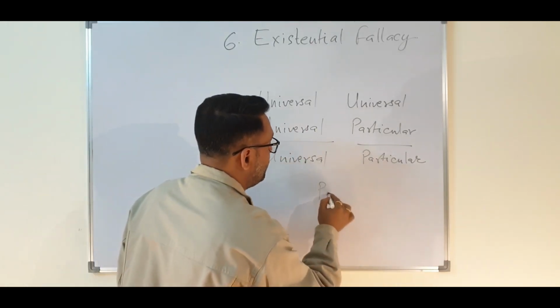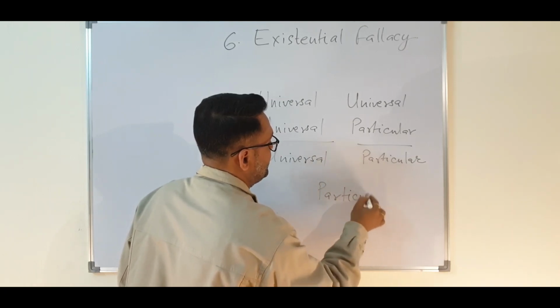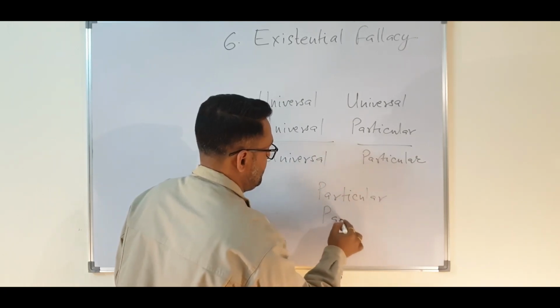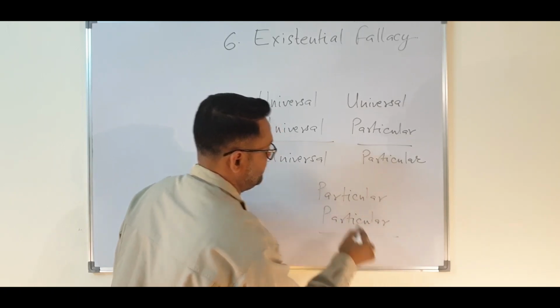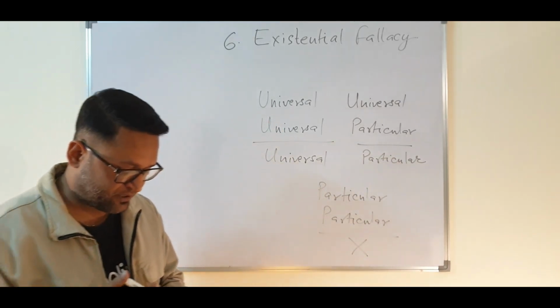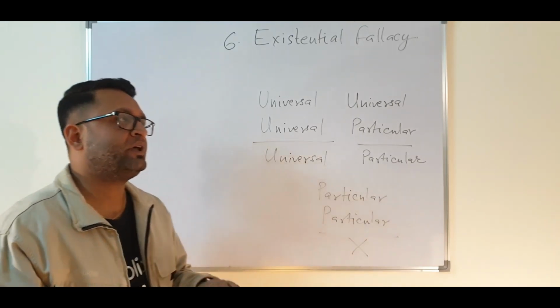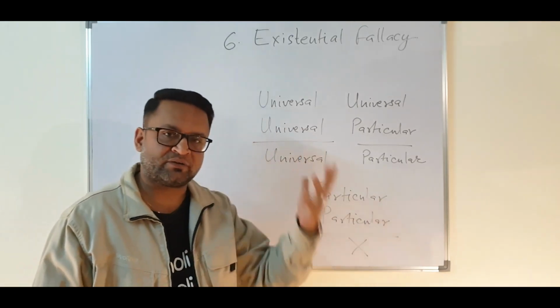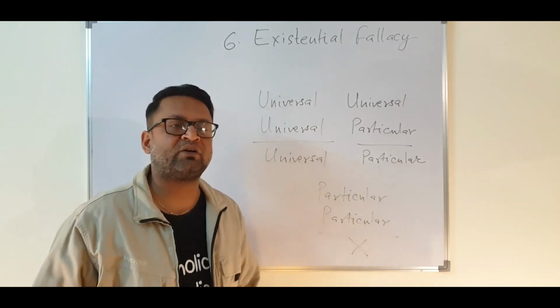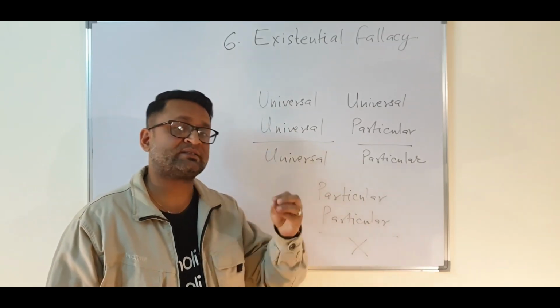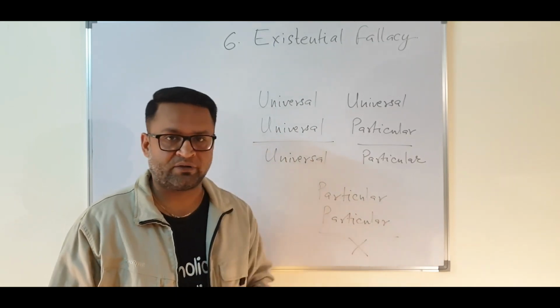And if both the premises are particular, then again no conclusion follows out of it. So this is also something which you should know. So if you go for a simple revision of these things, what you need to do first, whenever you find a categorical syllogism, is to turn it into a standard form categorical syllogism.